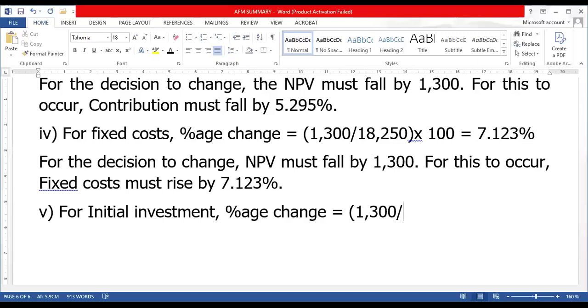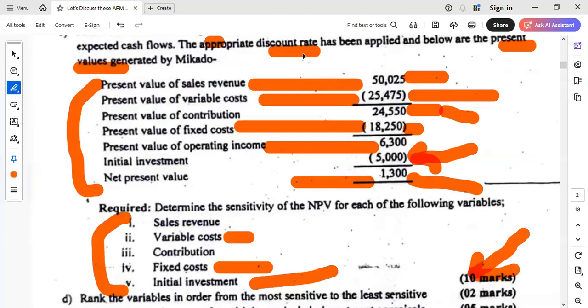That value is just the initial investment, because initial investment is discounted at year 0, which is always equal to 1, the discount factor. So the present value of initial investment will be just the initial investment, which is even given, that is 5,000.